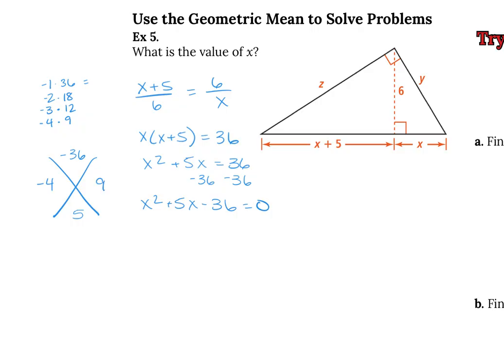So I have negative 4 and positive 9. So my factors are going to end up being x minus 4 and x plus 9. Solve each of those individually. So x minus 4 equals 0, x plus 9 equals 0.